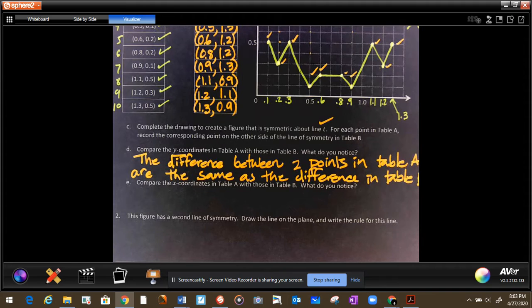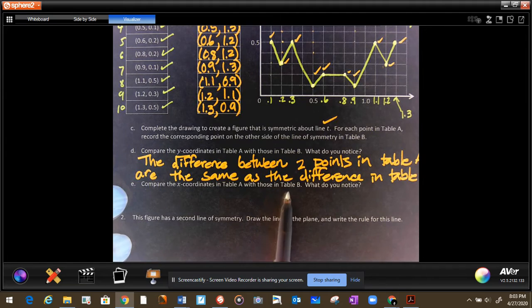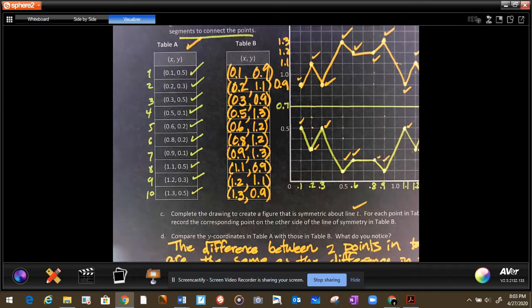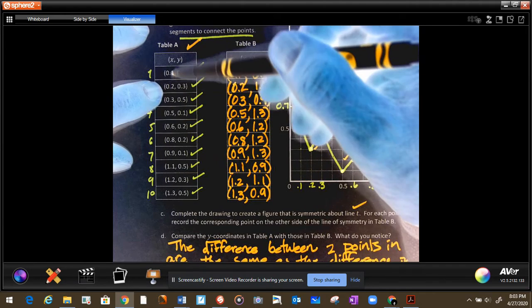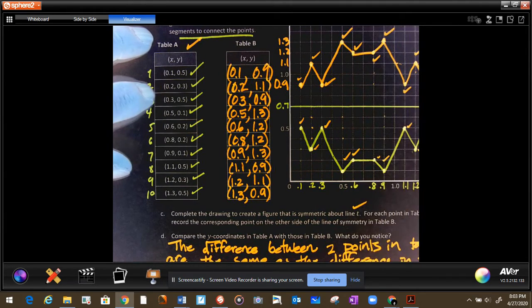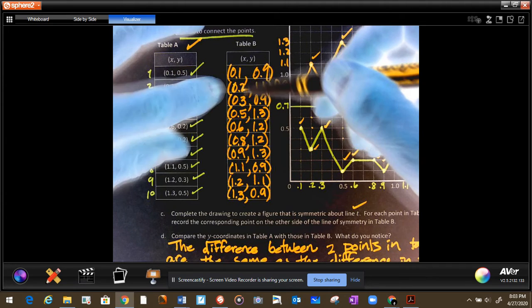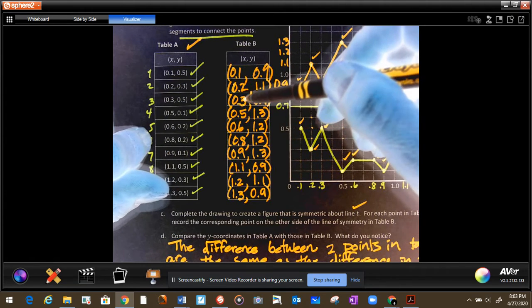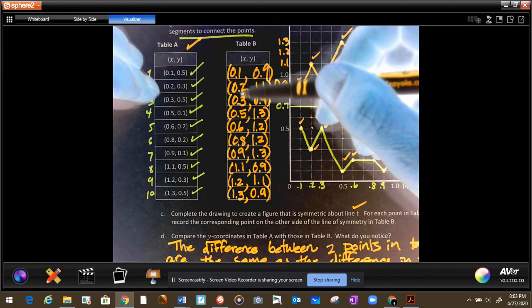Okay, let's go to the next one. Compare the x coordinates in table A with those in table B. What do you notice? Okay, so let's look at the x now. The first one is 0.1, then 0.2, so the difference is 1. 0.2, 0.3, the difference is 1. Okay, let's look at this one: 0.1, 0.2, 0.3. On this one, they're increasing by 1.